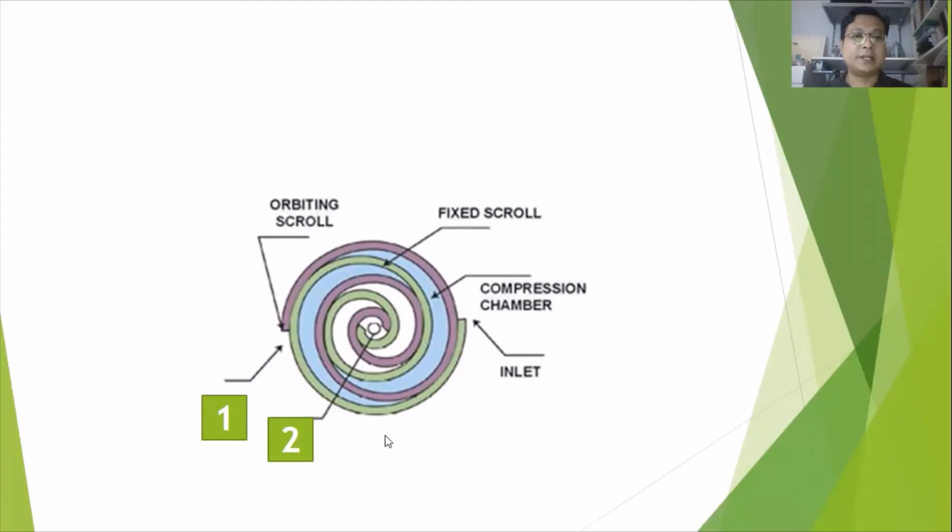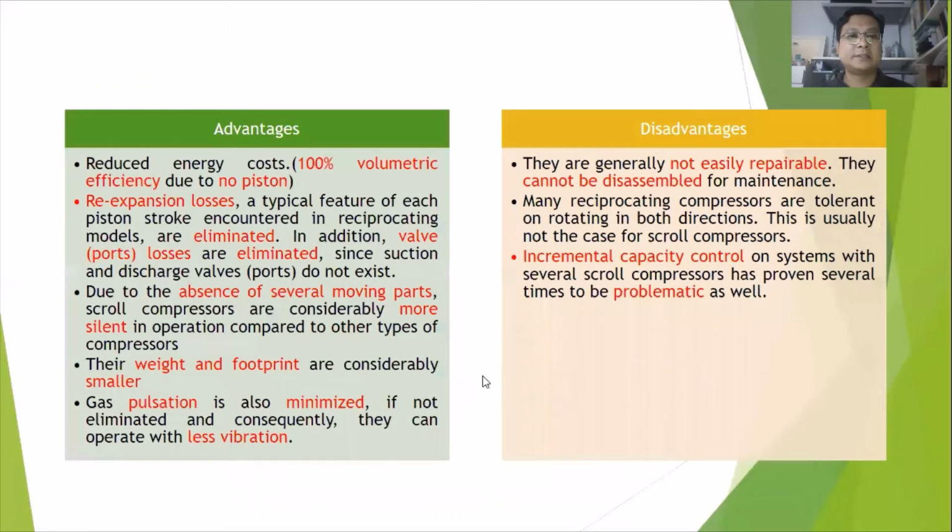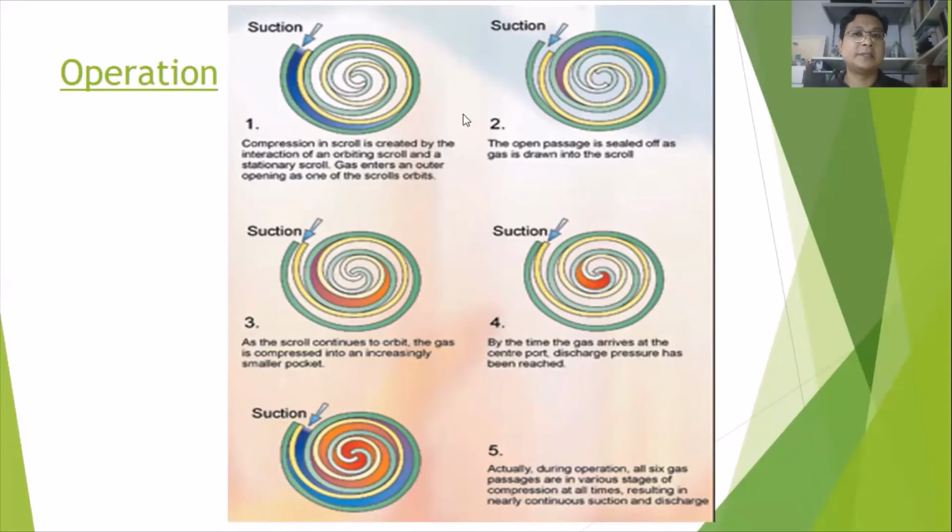The fixed scroll is the green one, and the orbital scroll will be moving. The two parts are differentiated by color, violet and green. This one shows the operation stages, from stage 1 until stage 5. You can see it yourself in the slide, so maybe I will go fast.